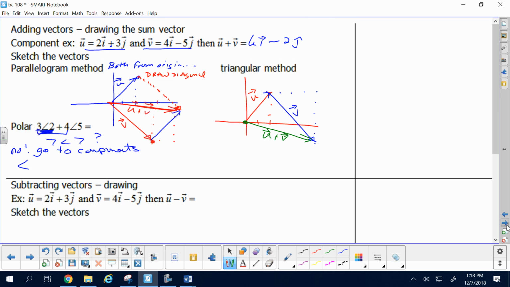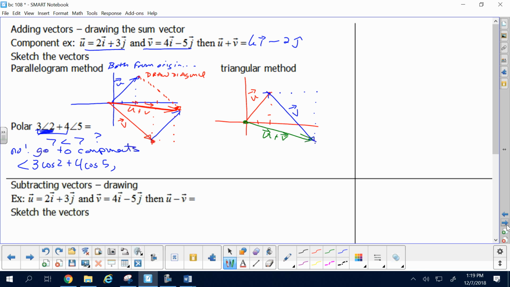So if I have a vector here of 3 at an angle of 2 radians, then the horizontal part of that vector is 3 cosine of 2. And I would add to that the horizontal component to the other vector, which is 4 cosine of 5. That sum would be the total horizontal of the two.